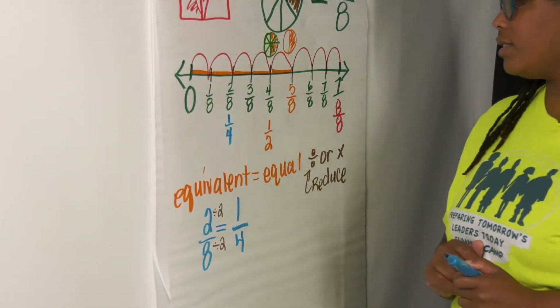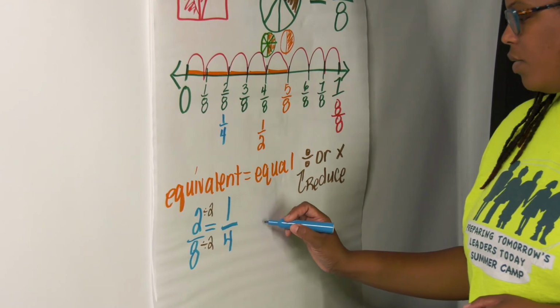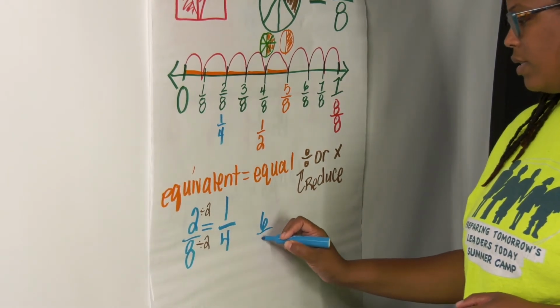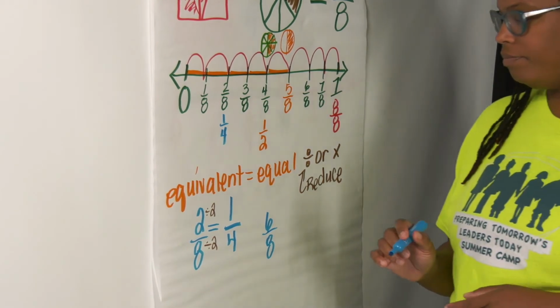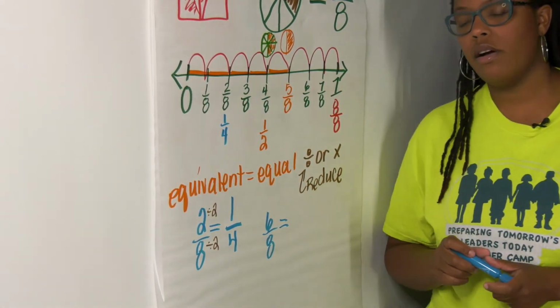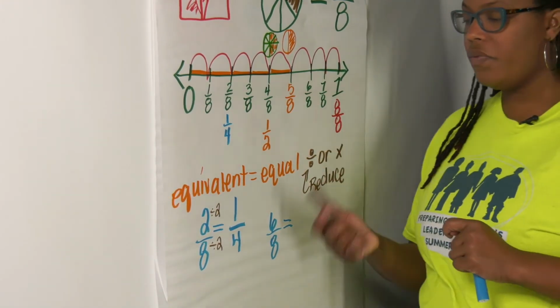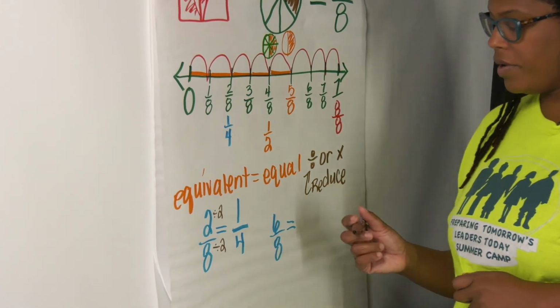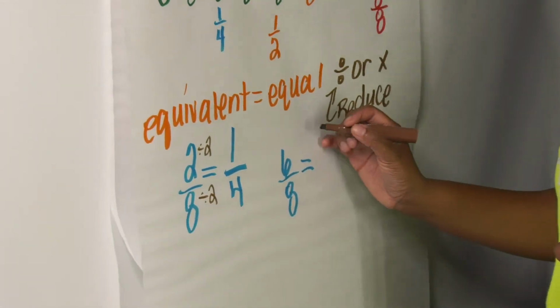Okay, and our last example that I want to reduce and find an equivalent fraction is 6 over 8, which is 6/8. What can I divide 6 and also 8 by? Think about your multiples, think about your factors, okay? Hopefully you've been practicing your times tables.